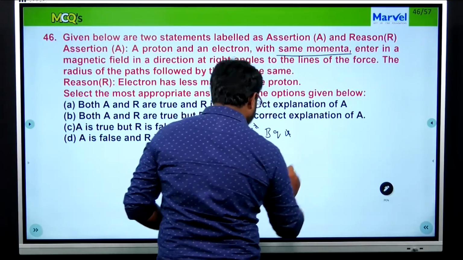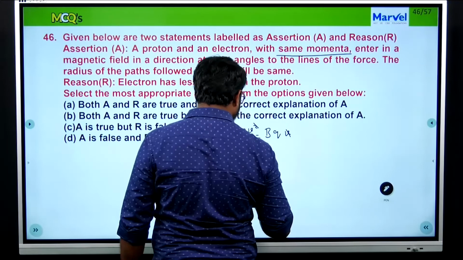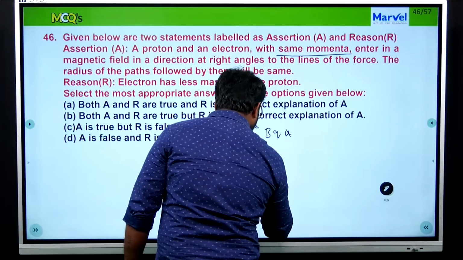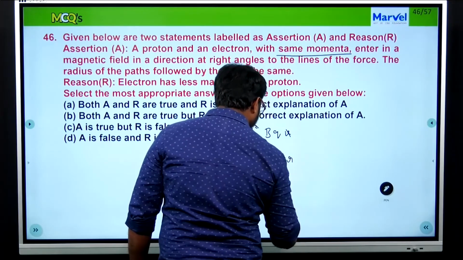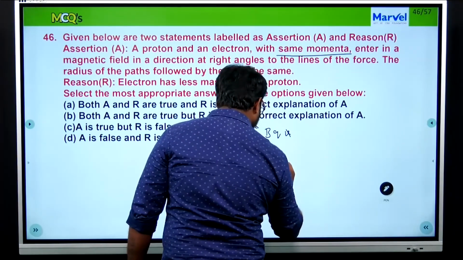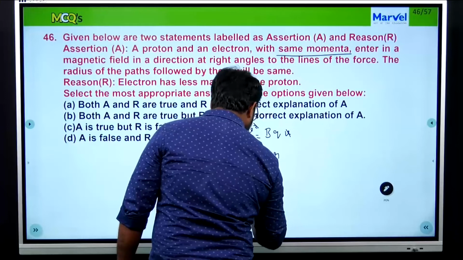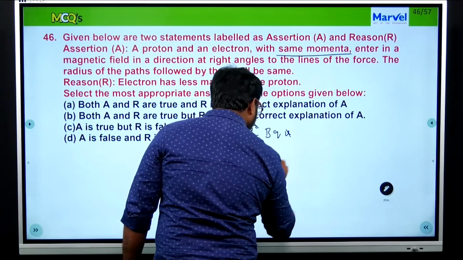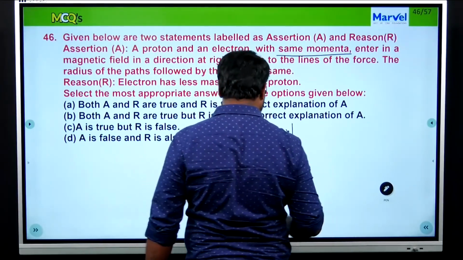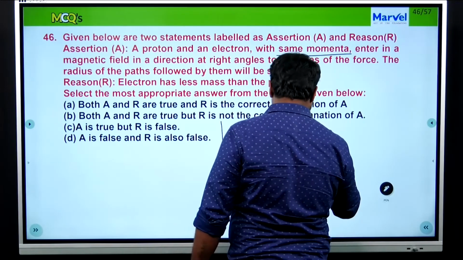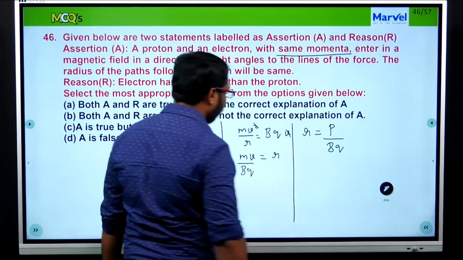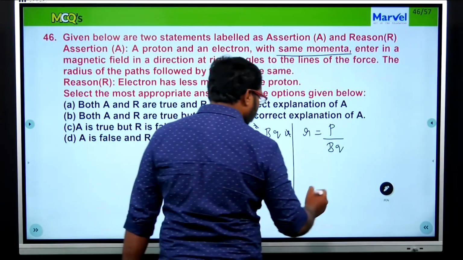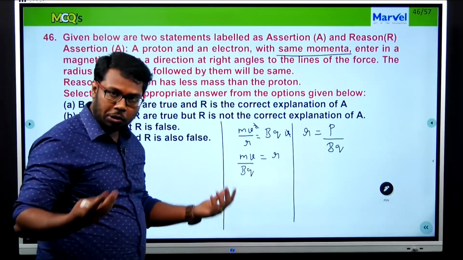This V and this V cancel, and m into v is equal to BQ into R. Otherwise R is equal to mv by BQ. So what I can say is R is equal to P by BQ.